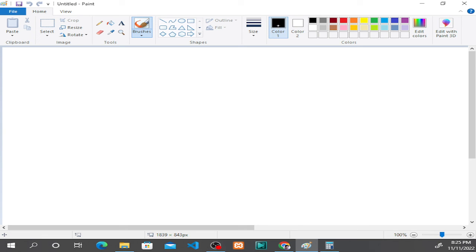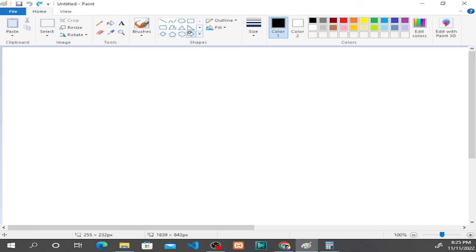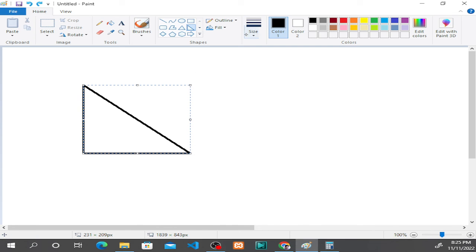Same figure, assuming that it is the same triangle.